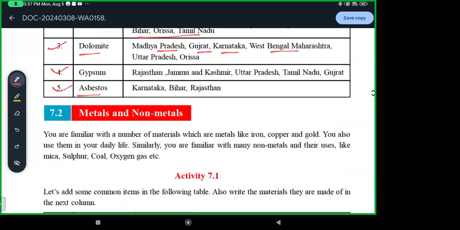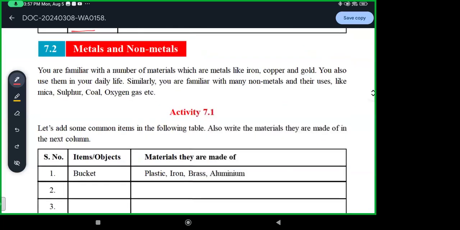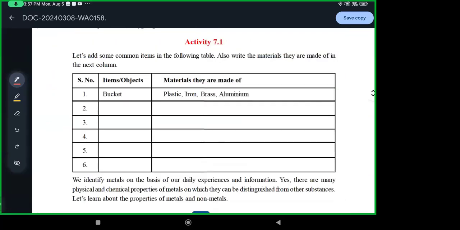Right. So then we have metals and non-metals. You are familiar with a number of materials which are metals like iron, copper, and gold. You also use them in your daily life. Similarly, you are familiar with many non-metals and their uses like mica, sulfur, coal, oxygen gas, etc. This activity you can try out.